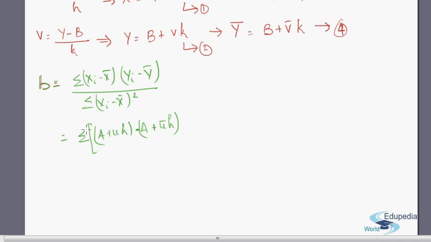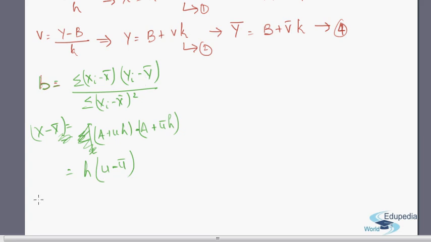Let's not put the summation for now. Let's just take this part, x minus x bar. x minus x bar is a plus uh minus a plus u bar h. Now a and a will cancel out each other. We will be left with h common and then u minus u bar. So my x minus x bar is h times u minus u bar.